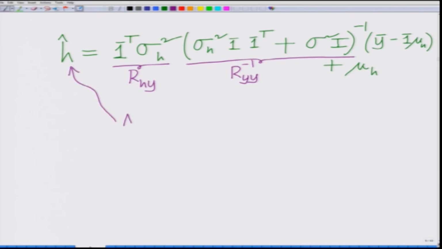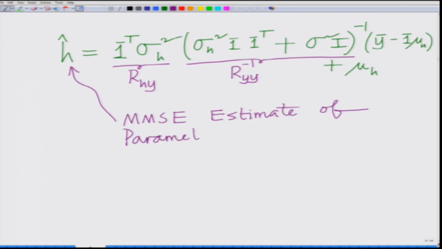This is the MMSE estimate of the parameter h in the WSN, or the wireless sensor network.